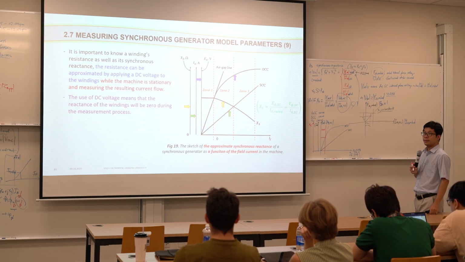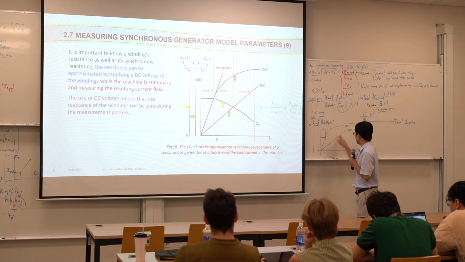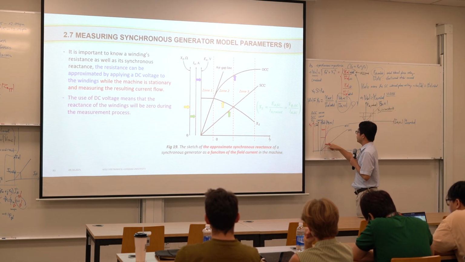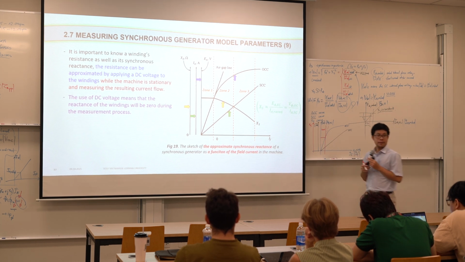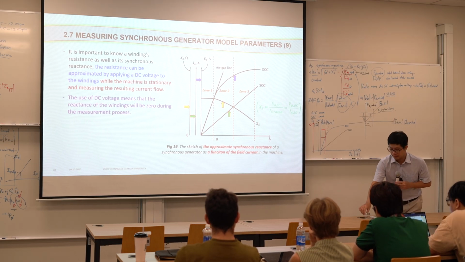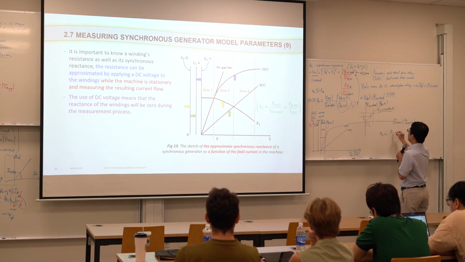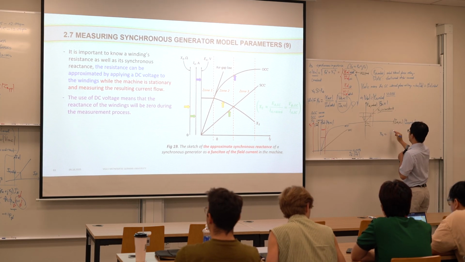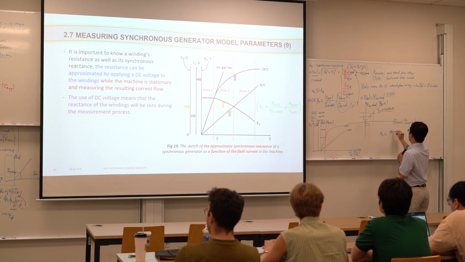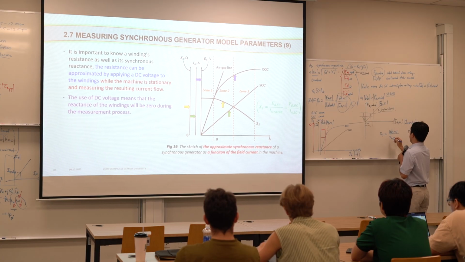This is linear, this is linear, so XS is constant. Because if we increase a little bit of V, we increase a little bit of IA, so the ratio is constant. Did you get me? We have XS as V phase short circuit divided by IA short circuit.